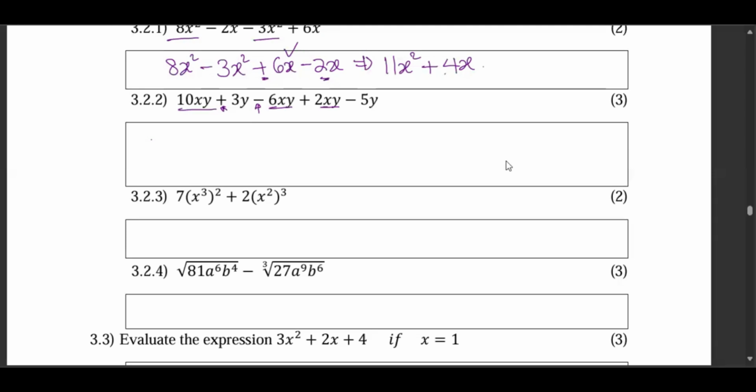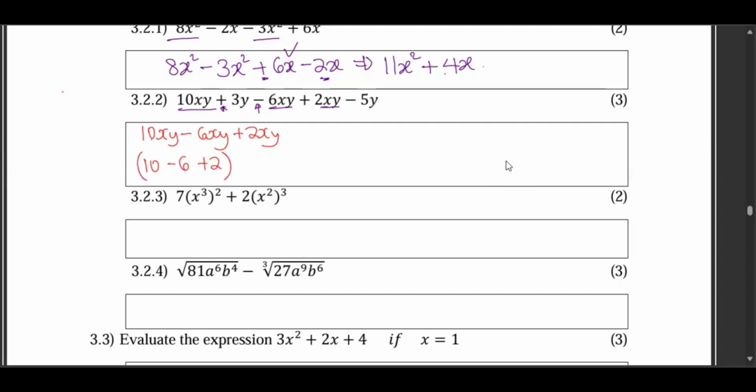We can do it this way. Say we have 10xy minus 6xy, then plus 2xy. So they all have xy's. Pull out the numbers, which is 10 minus 6 plus 2.